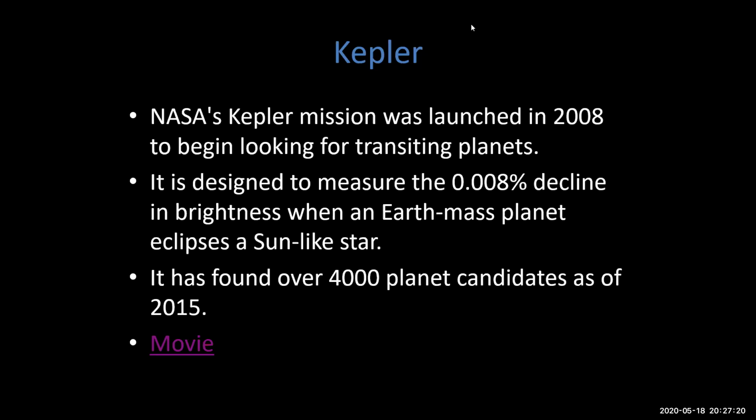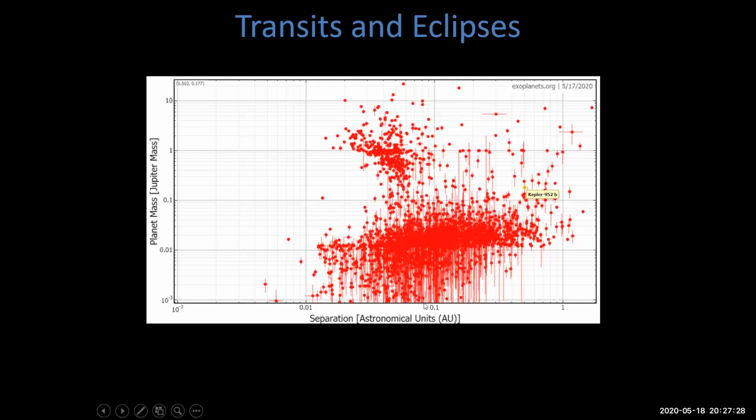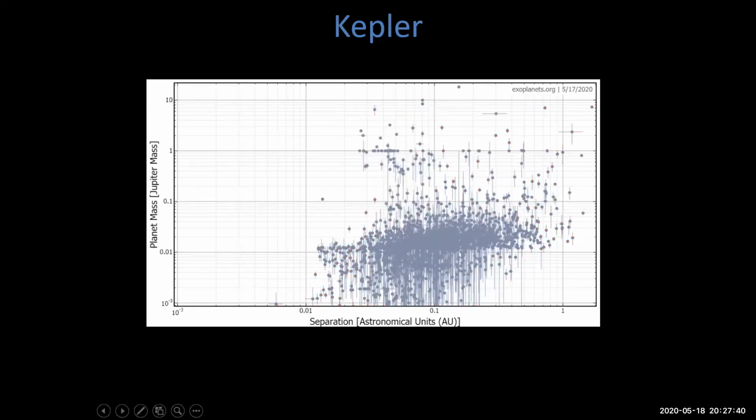All right, so that's an intro to Kepler. So if we look at, again, all of the planets that have been found by transits, it looks like this. And then Kepler is responsible for all of these.